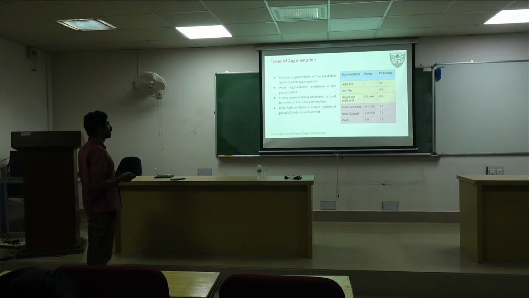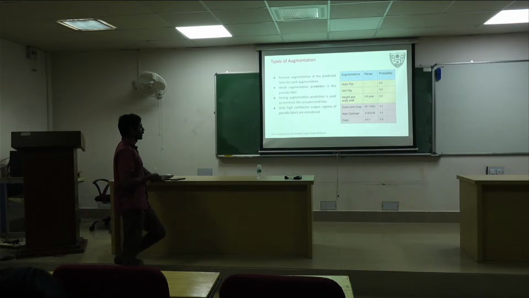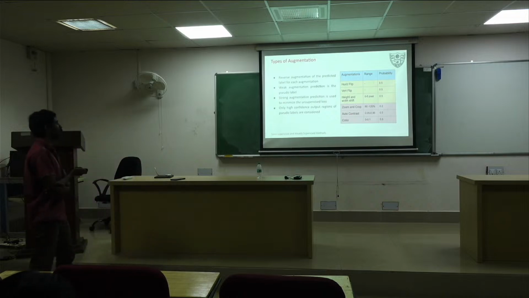The normal augmentations, which is flipping and shifting, are used in the weak augmentation. Change the contrast, change the color, zoom and crop, I mean changing the scale here. So this is the range where we change the scale with that probability. So those are all used as the strong augmentation.